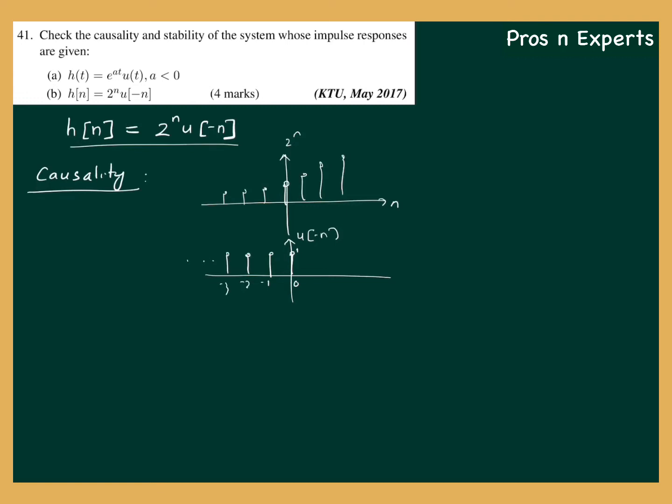Now these two signals are being multiplied. What you obtain is 2 raised to n as such, because 2 raised to n is multiplied by 1, but the samples will exist only on the negative n axis.